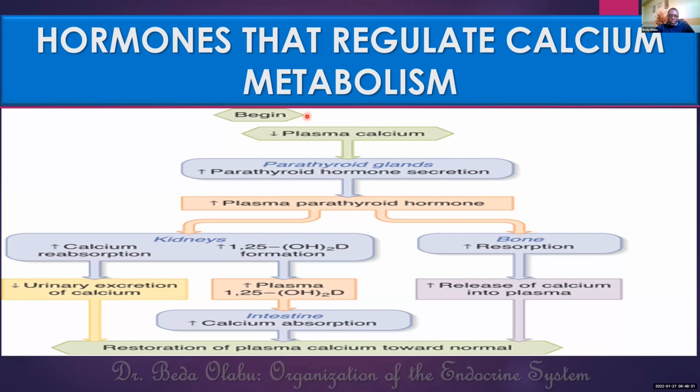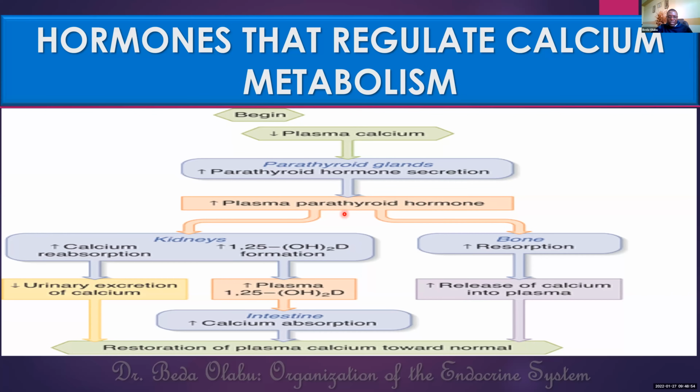Think through this. Suppose the levels of calcium in blood go down. What happens? A decrease in the levels of serum calcium will trigger the parathyroid glands to produce parathyroid hormone.